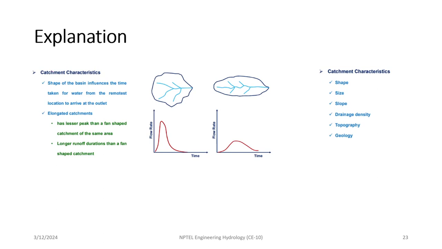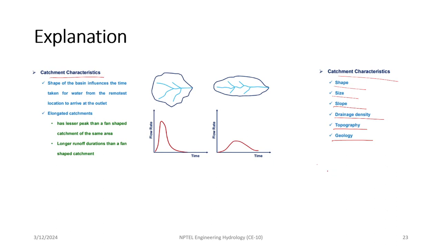Here you can see catchment characteristics play a role. So what are the catchment characteristics that have influence in this case? Shape is there, size is there, slope will also play a role, then drainage density, topography, then geology. Drainage density basically represents how many streams there are in a unit area.